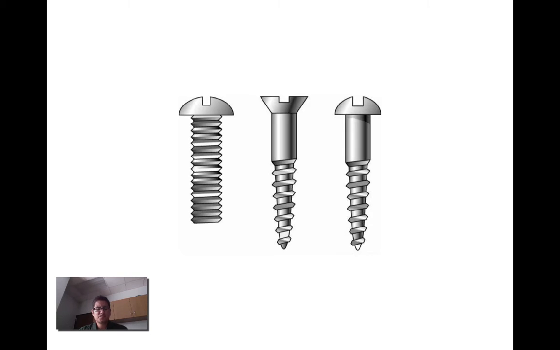So the less far apart the threads are, the closer they are together, the more mechanical advantage you gain, similar to a mountain that has a windy trail that goes all the way around.